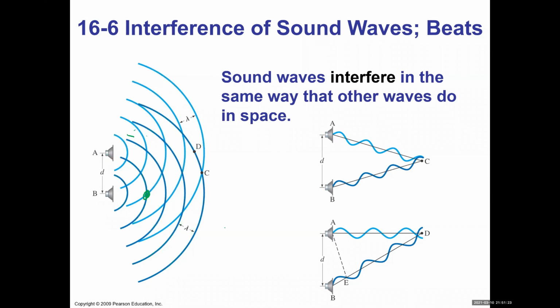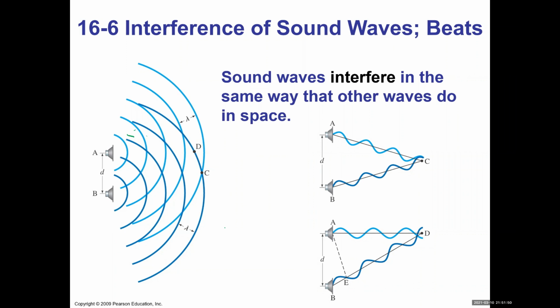So again, this would be constructive because you have the crest of one overlapping with the crest of the other one. Here, the crest of A overlaps basically with the trough of B, because if this is a crest of B, here's the next crest of B. Exactly in the middle of that is the trough of B. So here, then you have the crest of A overlapping with the trough of B, and that's a destructive interference.